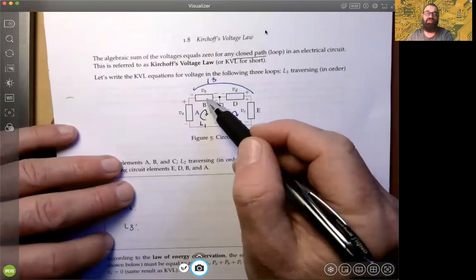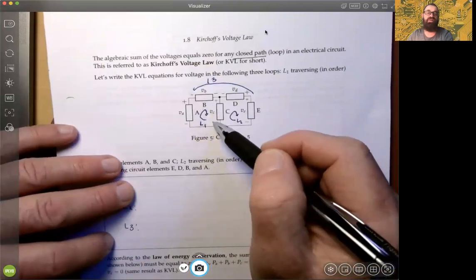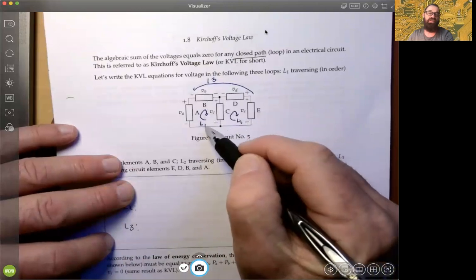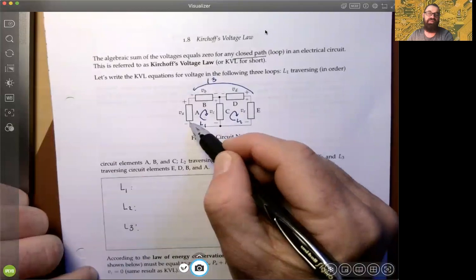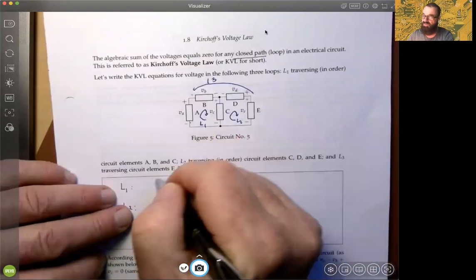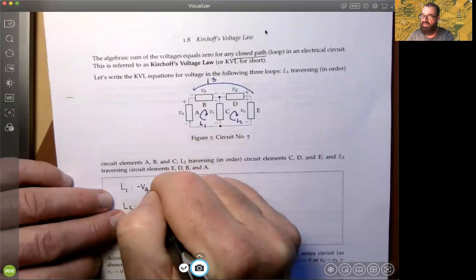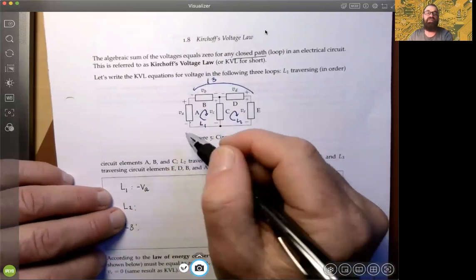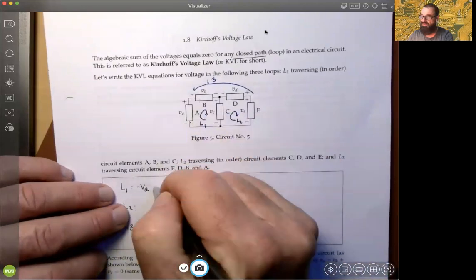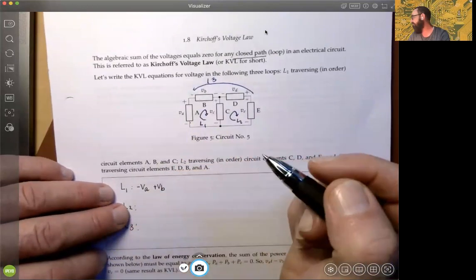If we were flowing with the current in this direction and we came into the negative polarity of VA, then the voltage we would be representing is minus VA, okay? So again, it's not PRC. And then we would come into the positive pole for VB, see?